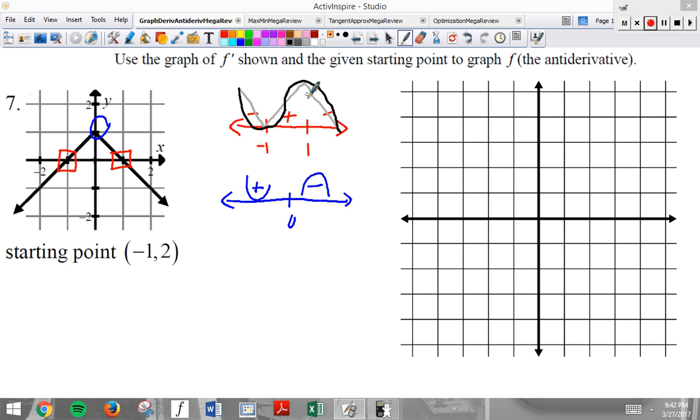What other kinds of graphs can give me an undefined slope? We're really talking about a graph that's always concave up and a graph that's always concave down.